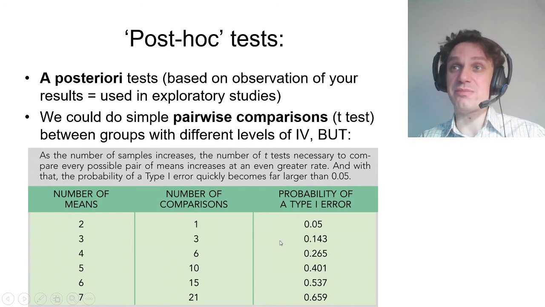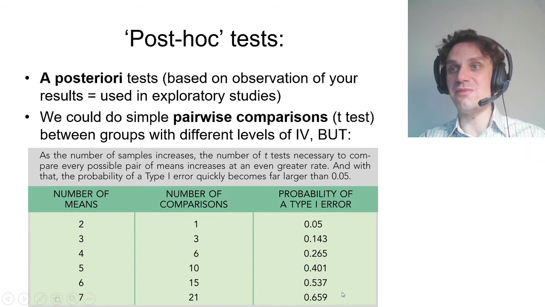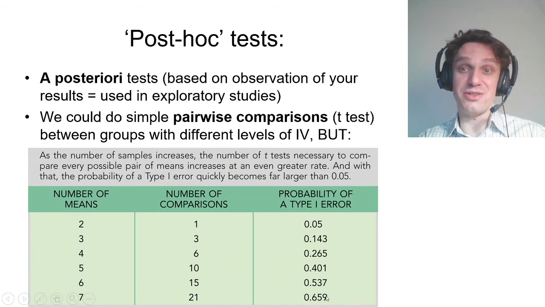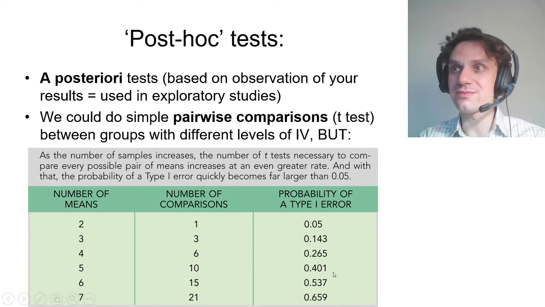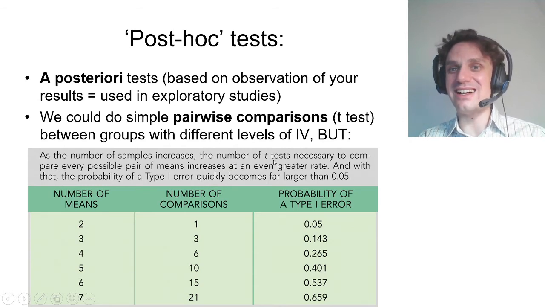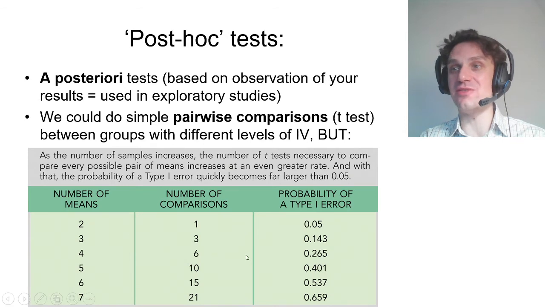The increase in the probability of a type 1 error is not very large. But if you are comparing 7 groups, for example, then the number of individual comparisons between those groups is 21. And your probability of finding a difference just by chance that you will consider significant if you just use a normal t-test is fairly large. That's why it makes sense to use not a simple student t-test, but to use some kind of post hoc test that adjusts for the number of comparisons that you make.